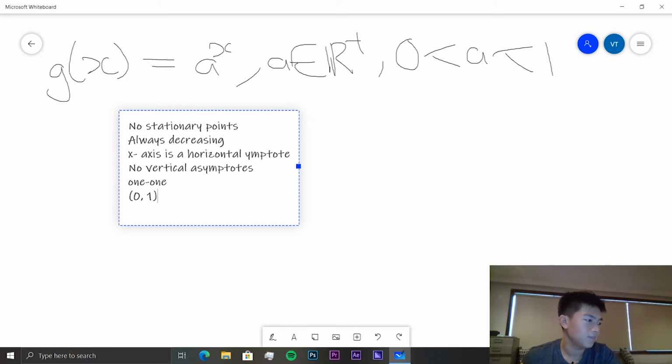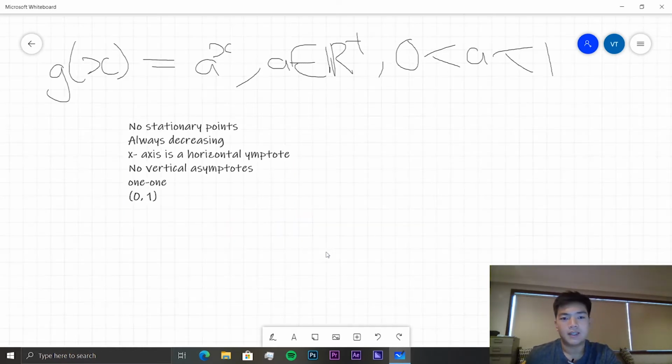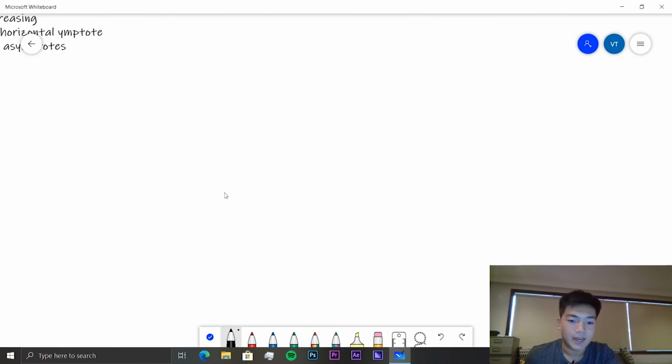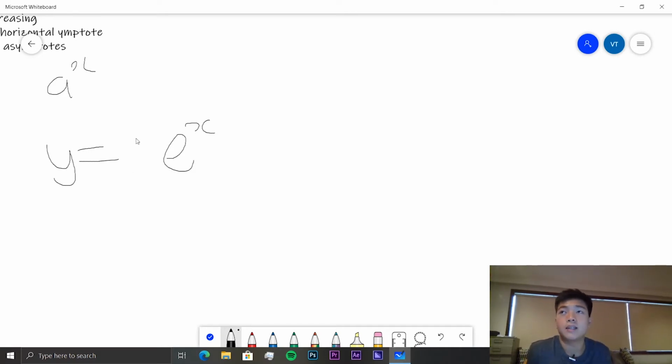Finally, we have to look at the function e to the x, which is the exponential function. So y equals a to the x is an exponential function, but this is called the exponential function. It has several important properties.